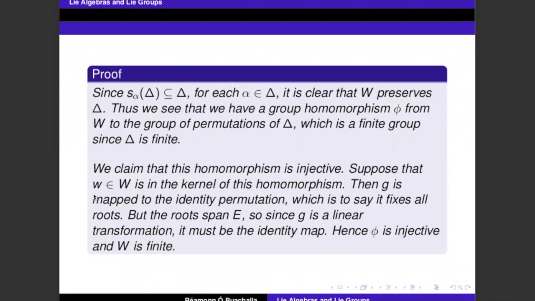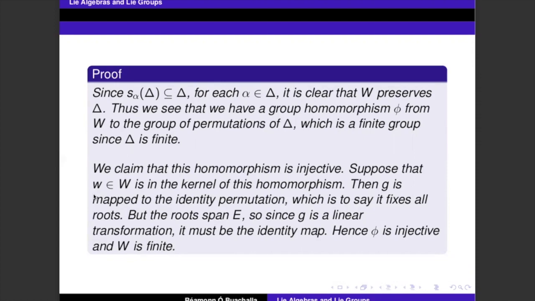This means then that we have a group homomorphism from the Weyl group to the group of permutations of the roots. Any element of the Weyl group is going to permute the roots. Now the set of roots is a finite set, so its group of permutations is finite.